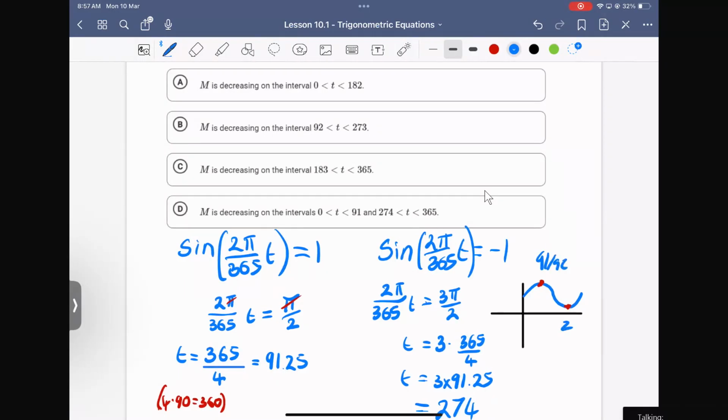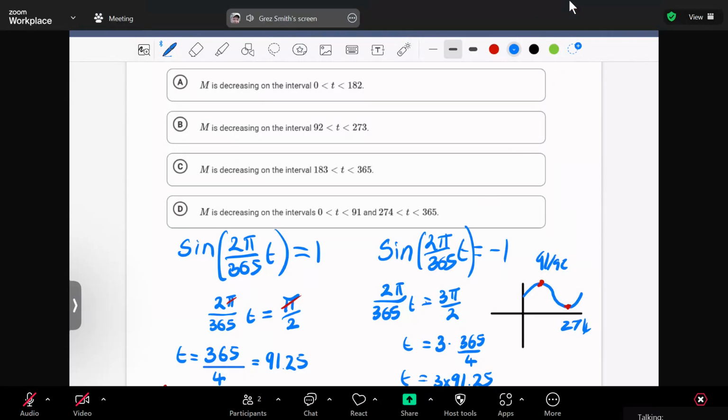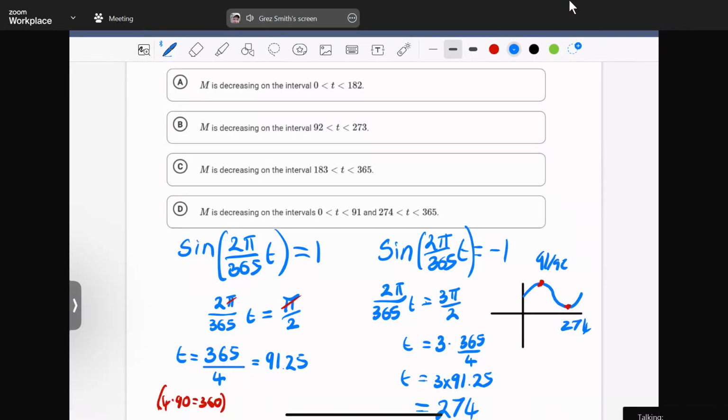This one's around 274. So from 0, it's not going to be decreasing from 0 to 182. It's, in fact, probably this bit here. So that's A. It's not that one. B, it's decreasing from 92 to 273. Yeah, that one's true.